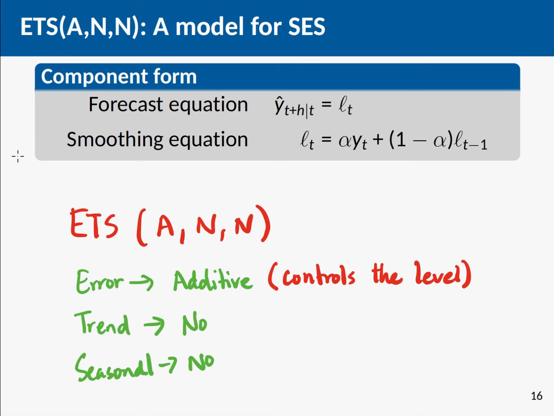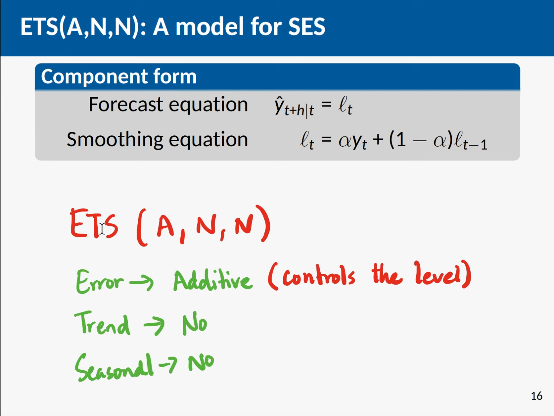Now, when we think about taking that model that we had earlier, the simple exponential smoothing method, these are called ETS methods, as I had mentioned in the previous video. The code that you're going to take to R is going to be called ETS, and you're going to associate the first term here with whether the error term is additive or multiplicative.